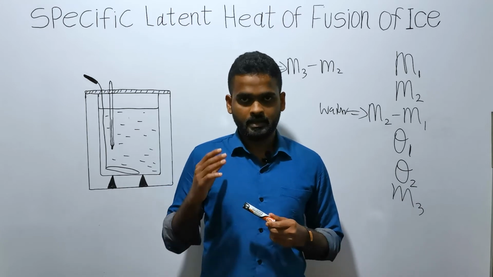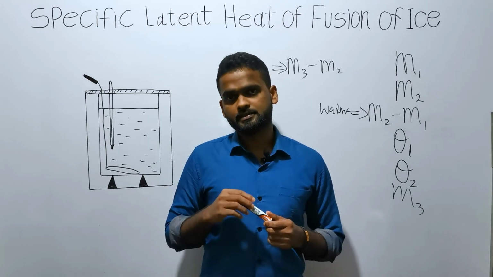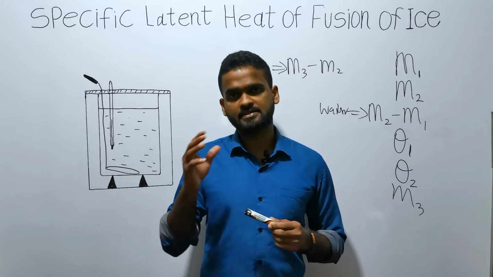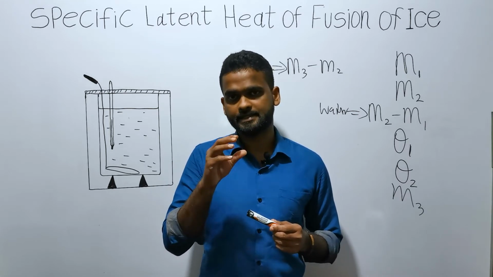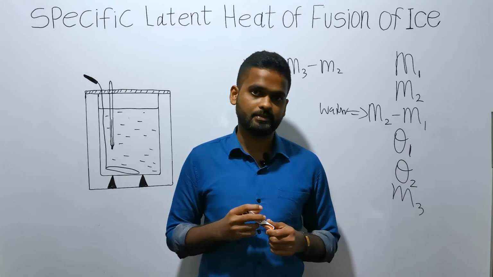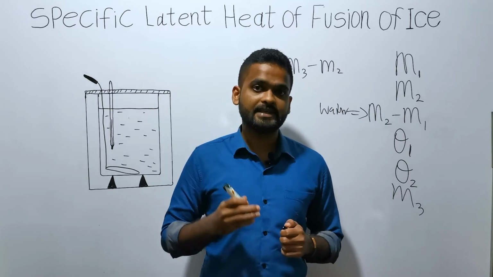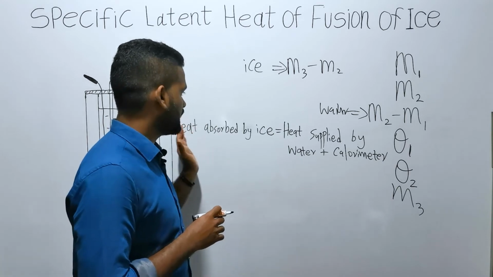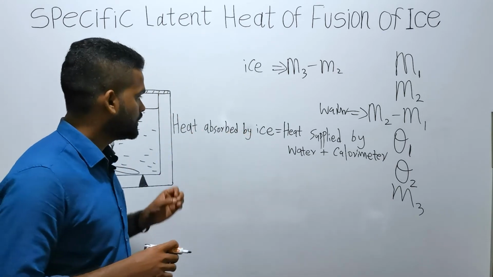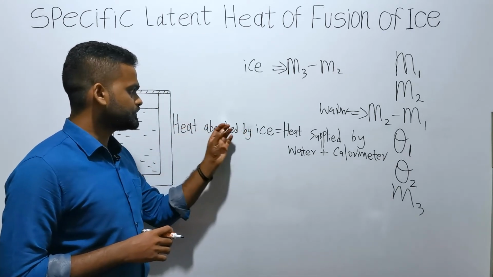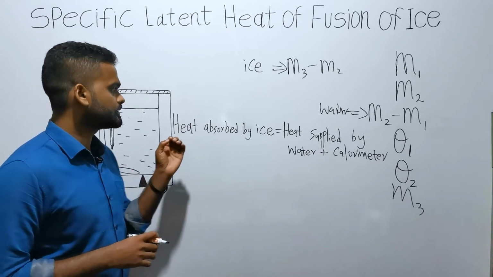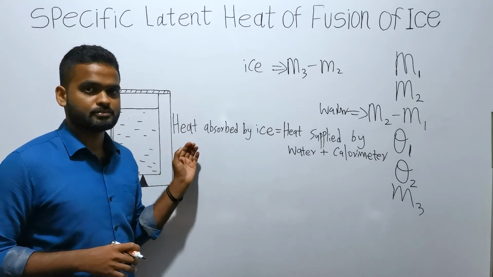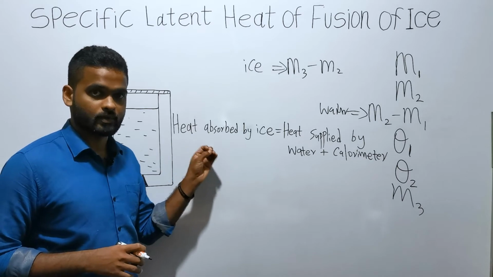As I mentioned earlier, in this experiment, ice is going to absorb heat from water and the calorimeter. So you can write an equation. Let's write an expression for heat absorbed by ice. When ice absorbs heat in the experiment, first the ice has to melt into 0 centigrade water.